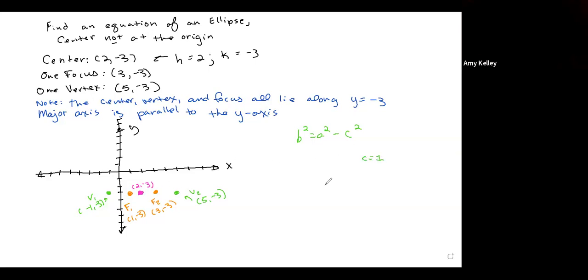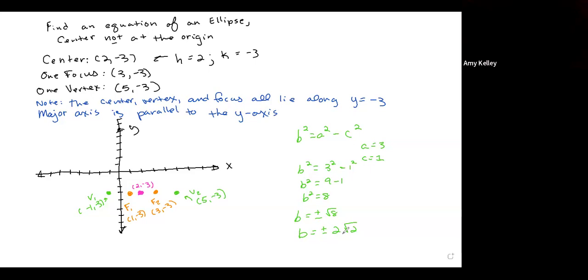Distance from center to vertex is 3, so a equals 3. Therefore, b squared equals 3 squared minus 1 squared. B squared equals 9 minus 1. B squared equals 8. Taking the square root on both sides, we have b equals plus or minus the square root of 8, which we can simplify to b equals plus or minus 2 square root of 2.